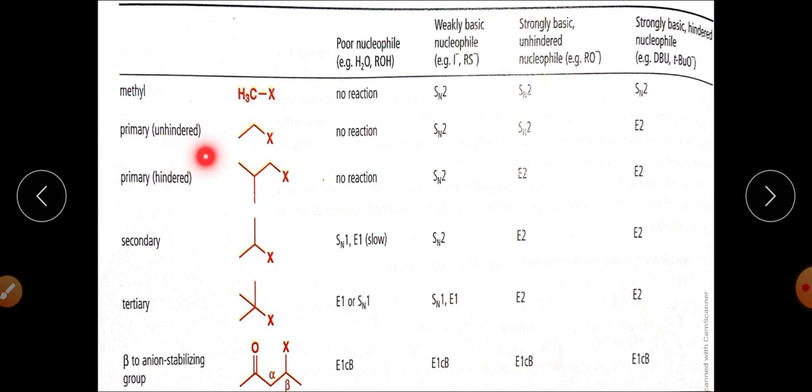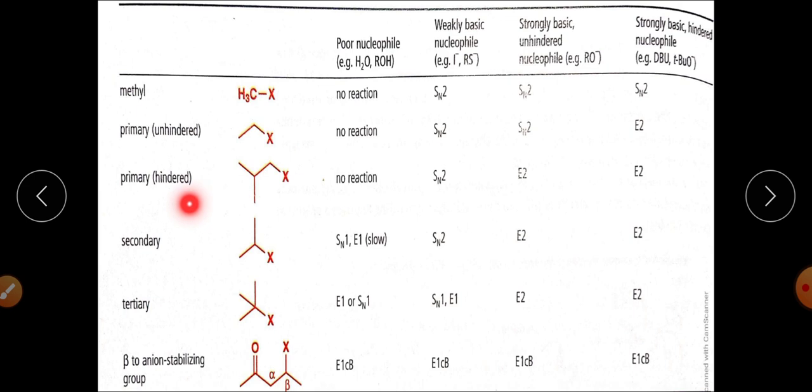When we come to primary unhindered case, in case of poor nucleophile there will be no reaction at all. Under weakly basic condition there will be SN2 reaction. Strongly basic condition, unhindered nucleophile, we have SN2 type of reaction. But when we are taking strongly basic condition and we are having hindered nucleophile, for example tert butoxide, at that time E2 reaction will be favored.